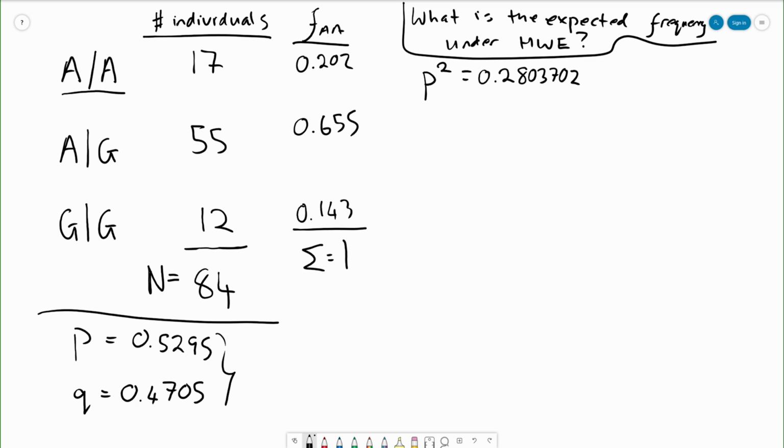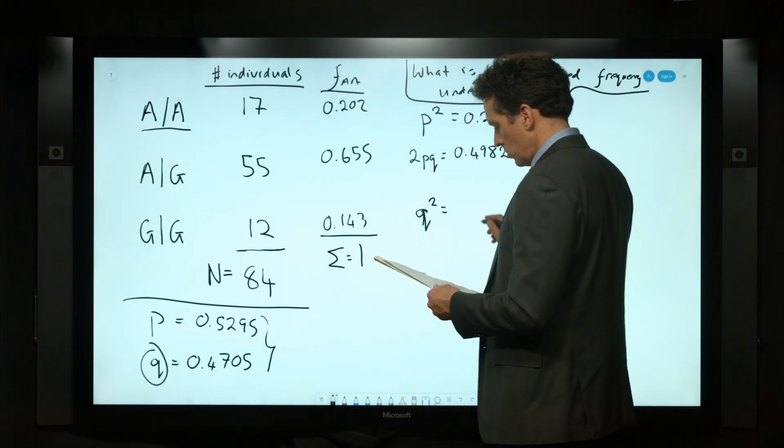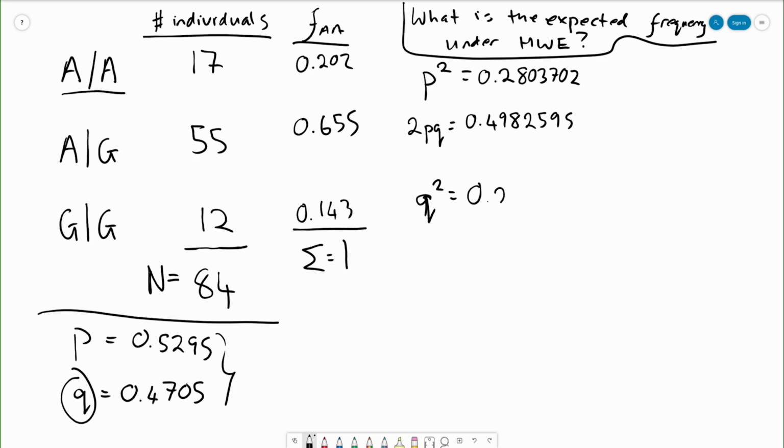0.28033702. We expect to see the heterozygote with a frequency equal to 2PQ, which is equal to 0.4982595. And we expect to see the GG genotype with a frequency equal to Q squared, where Q over here is 0.4705 squared, and so that is going to be 0.2213702.